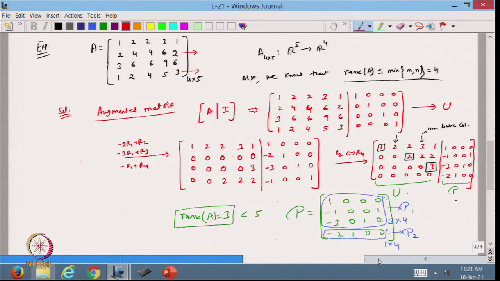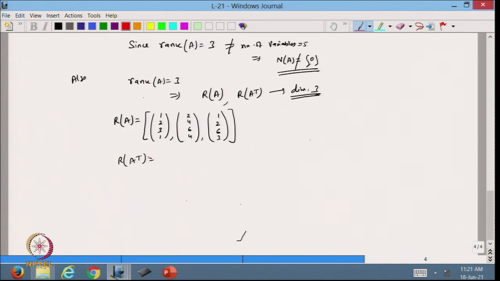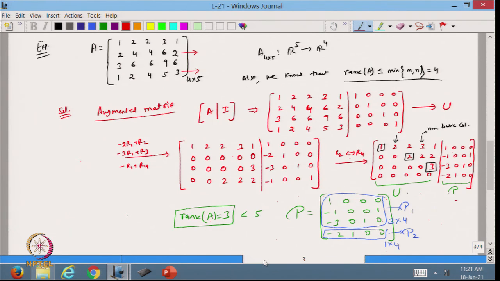So, from here you can check that the range space of A transpose is spanned by the rows of A corresponding to non-zero rows of U. So, corresponding to non-zero rows of U, this is basically the row I am talking about.